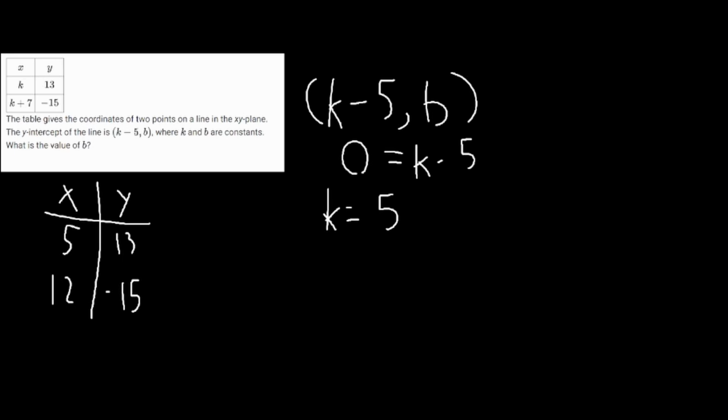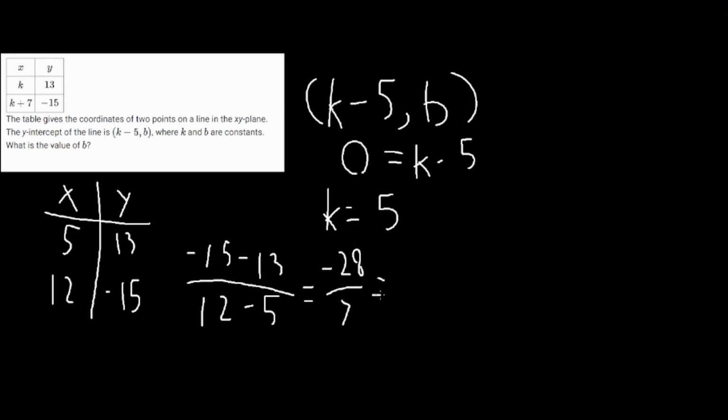So we can then solve for its slope with our formula y2 minus y1 over x2 minus x1. So negative 15 minus 13 over 12 minus 5. And we get negative 28 over 7, which is negative 4.